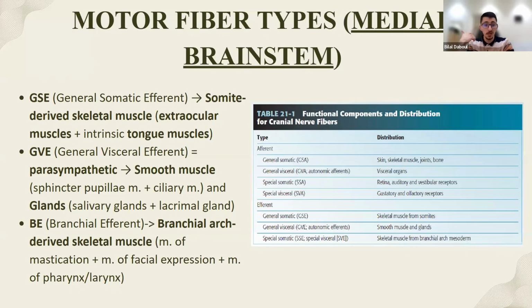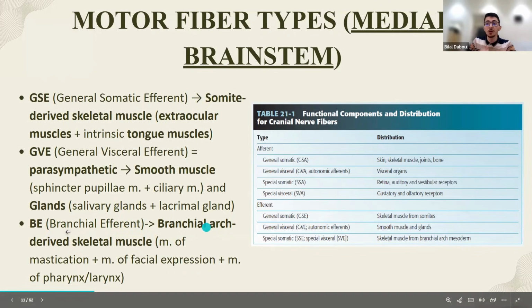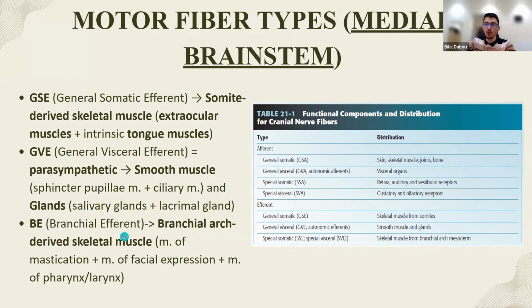They include the muscles of facial expression, the muscles of mastication, the muscles of the pharynx and larynx. They're all derived from branchial arches. So the nerve fibers that supply branchial arch-derived skeletal muscle are said to be SSEs, SVEs, or BEs, which are branchial efferents.